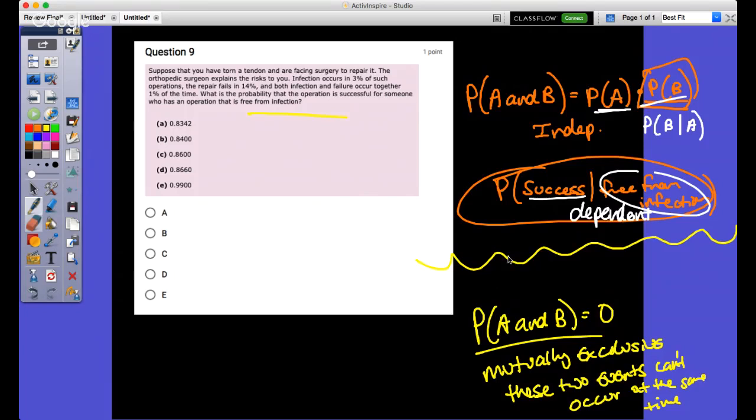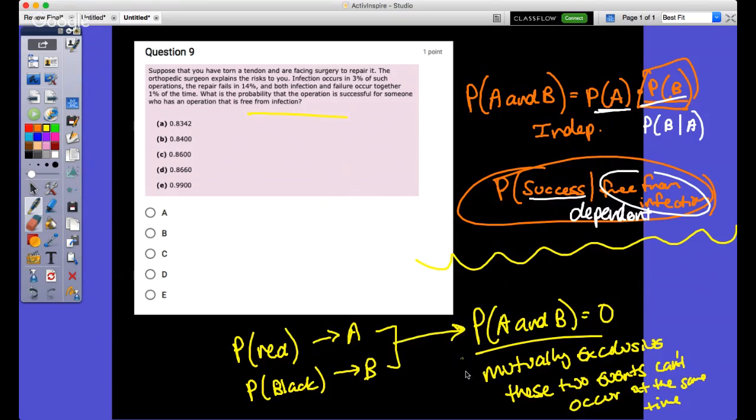A real world example is the probability of getting a red card and the probability of getting a black card, where this might be A and this might be B. These are mutually exclusive events because you can't have both at the same time if I drew one card. Since I can't have them both at the same time, we would say it's mutually exclusive.